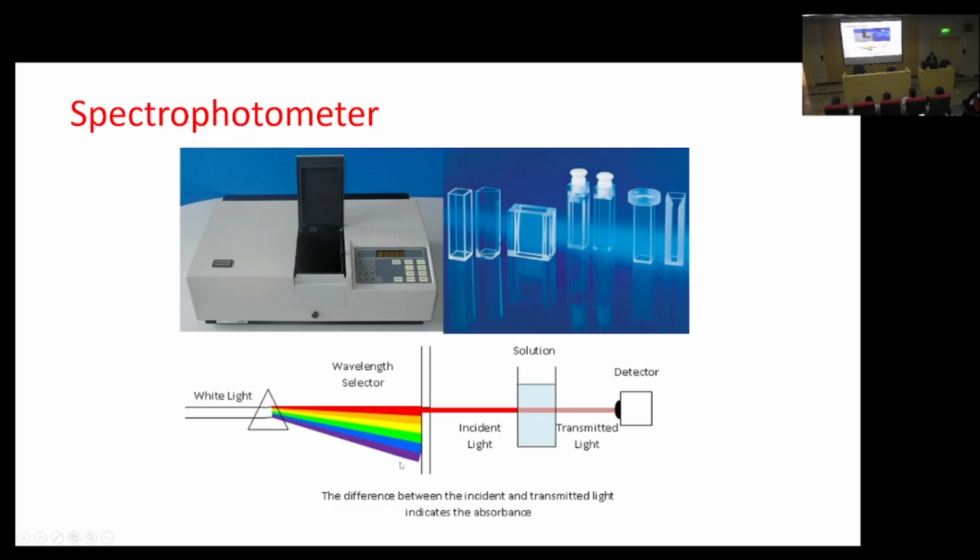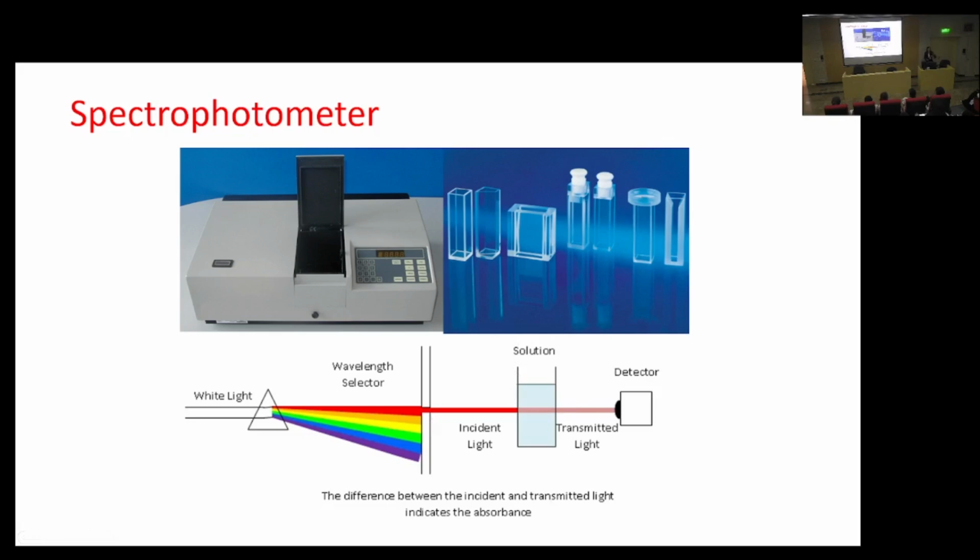All right? So you'll have different beams of light with different wavelengths, and then you can select which wavelength you would like to shine on your solution. And this will depend on your specimen.